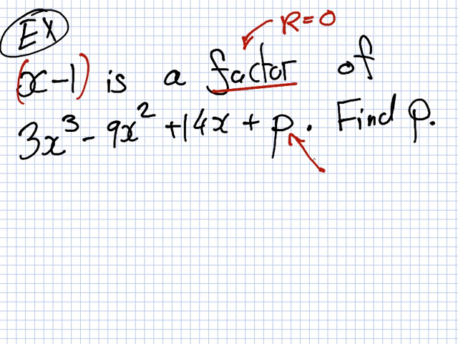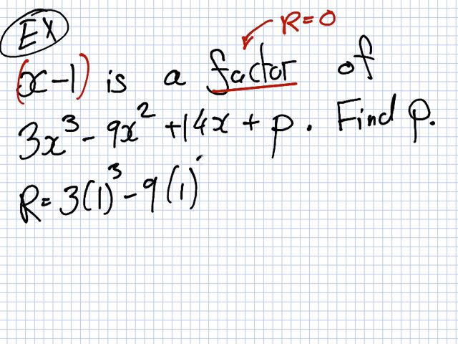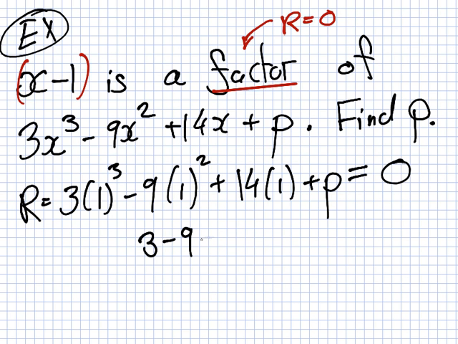I think it is, because the remainder is going to be 3 times 1 cubed minus 9 times 1 squared plus 14 times 1 plus p, and that should equal 0. So it's more than enough to find p. So we get 3 minus 9 plus 14 plus p equals 0.